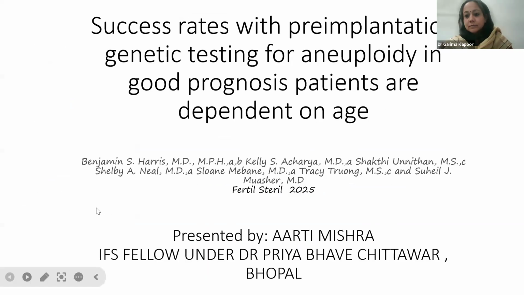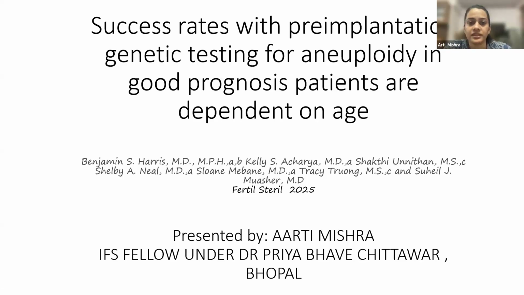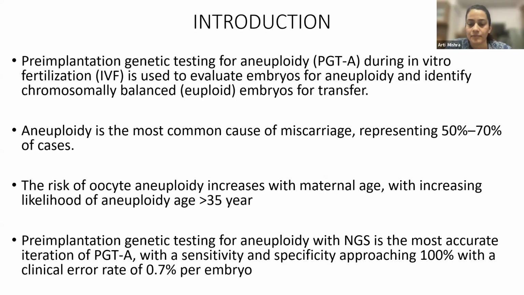The topic for today's discussion, like I said, was success rate with PGTA in good prognosis patients with age taken as the parameter. PGTA during IVF is used to evaluate embryos for aneuploidy and identify euploid embryos.